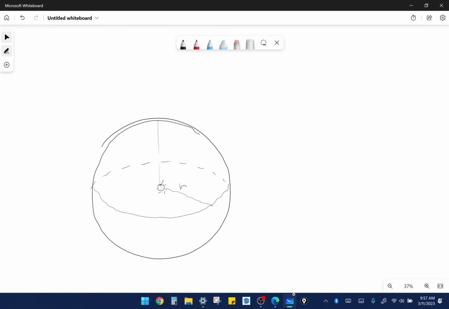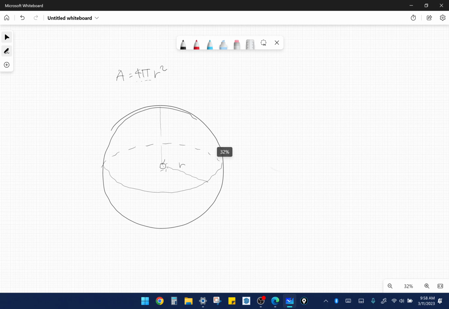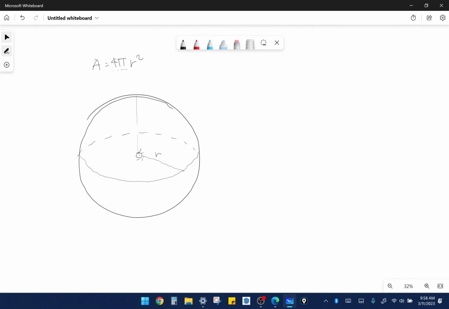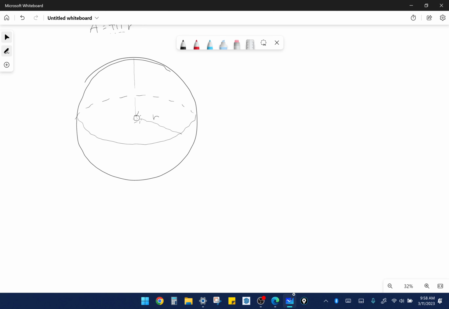And so the area of the sphere is going to be 4 pi r squared. So the 4 pi is a constant. So it's the r squared, the radius, that determines the area of this sphere. And as it increases, the area increases by the square of the radius. That's important. So in terms of our little light here, though, we're talking about luminous flux.